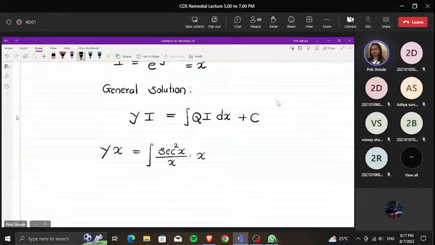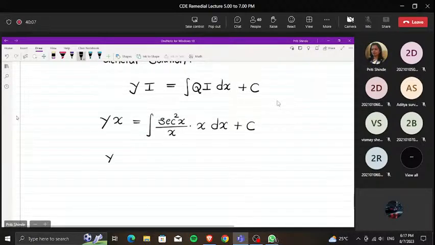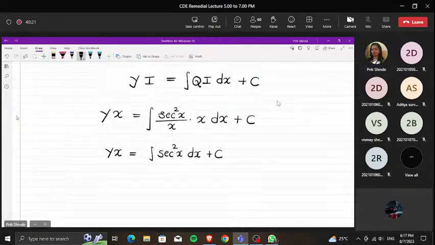So integration of x into sec square x upon x dx plus c. No simplification for the left hand side, so left hand side remains as it is. yx is equal to x upon x is 1, it's simply integration of sec square x dx plus c.